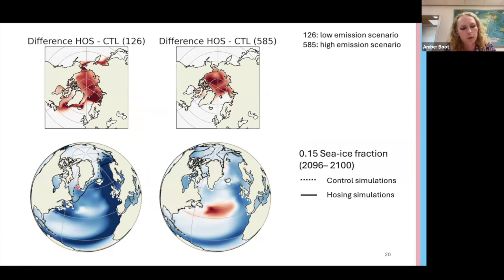The sea ice edge moves southward here, and we see much more sea ice in this region. You can also see that in the high emission scenario, there's just much less sea ice overall, where the sea ice edge really retreated more towards the Arctic. This is also what we see later on in the ecosystem response: qualitatively, the low and the high emission scenario behave very similarly, except in the Arctic. It is mostly this region where we will see a different response.